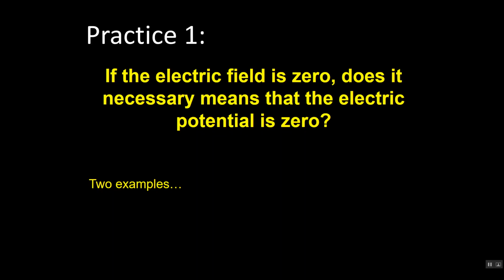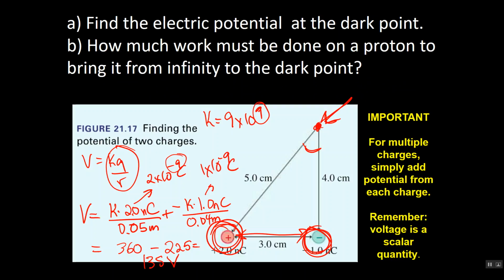One thing, if I were to go back to this problem and ask you, here we calculated the potential. It's very easy. We just calculated 2 potentials and we added them together. If I were to ask you the electric field at this point, then you would know that, well, hold on, electric field, that's a vector. Positive charge is an electric field going towards it or away from it?